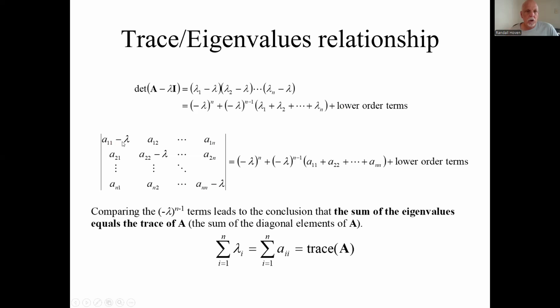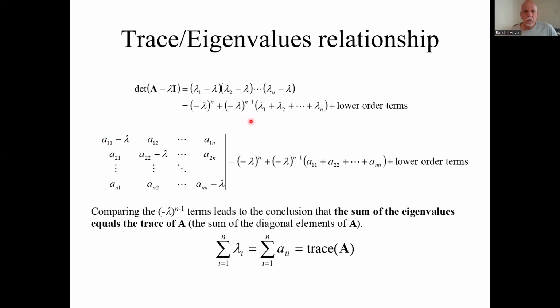Now here is the determinant of A minus lambda I spelled out more explicitly. And it could be broken out this way. Again, kind of take my word for that part of it. I'm going to do that without proofs.